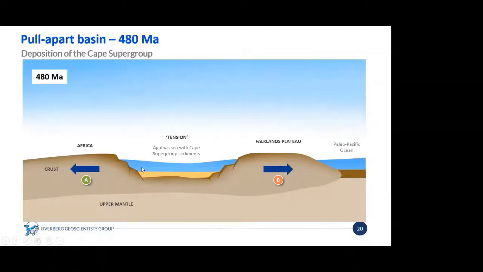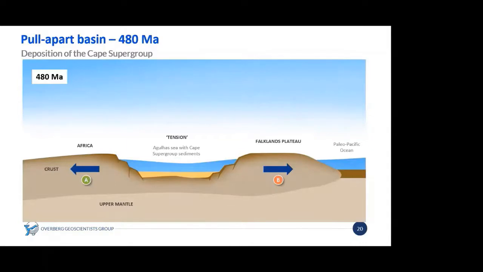So the Malmesbury Group had been formed by the compression involved in South America docking to the west coast. Then there was the tension down in the southern part where the Falklands Plateau moved away. The surrounding rocks were then being eroded down into the Agulhas Sea, which was underlain by Malmesbury Group.